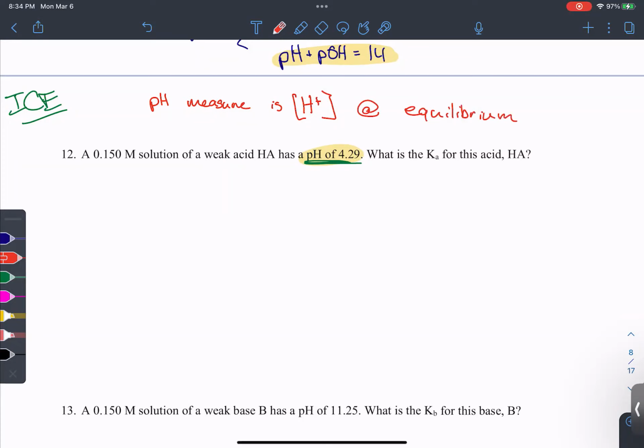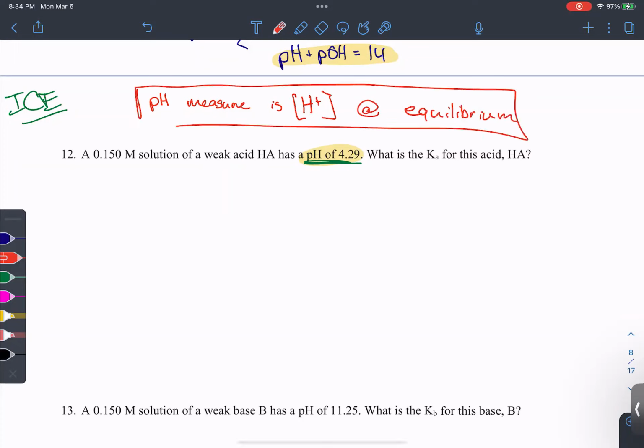Or POH, or OH minus, all right? If you are given a pH, that is the H plus concentration at equilibrium. So if you are given a pH, you know the concentration of H plus at equilibrium.